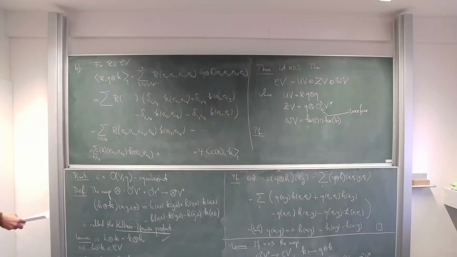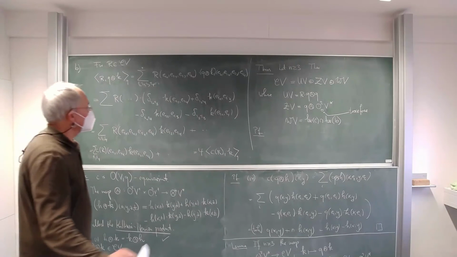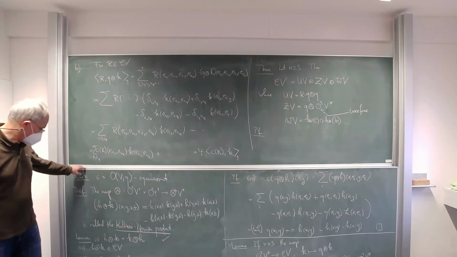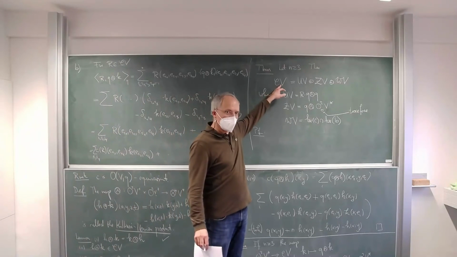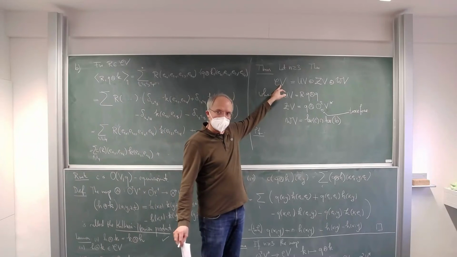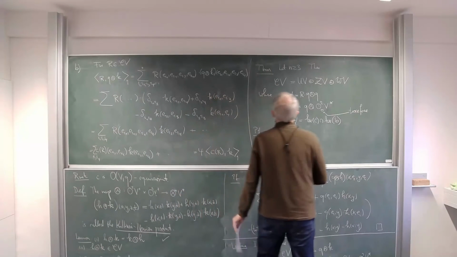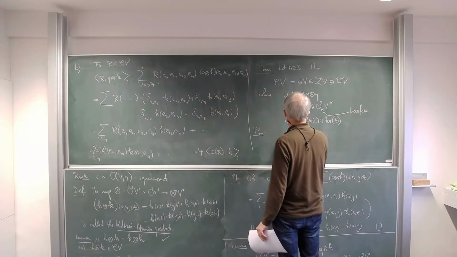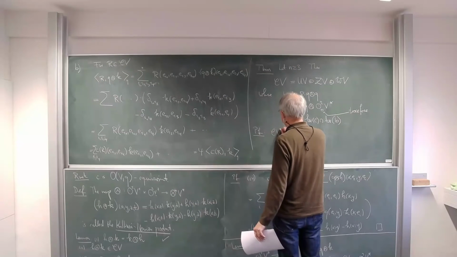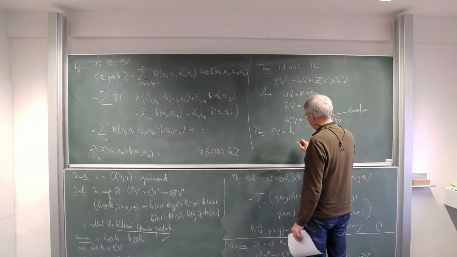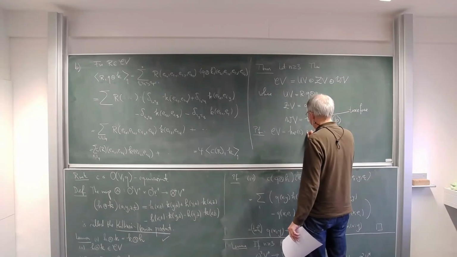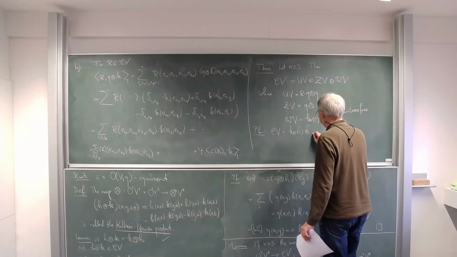We have this map, the Ricci contraction, and the Ricci contraction goes from the space that we are considering to symmetric bilinear forms, and we also know its adjoint. So the first thing we do is that we decompose the space C_V into the kernel of this Ricci contraction map plus the image of its adjoint.